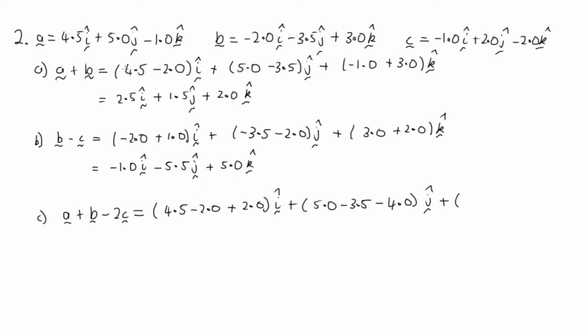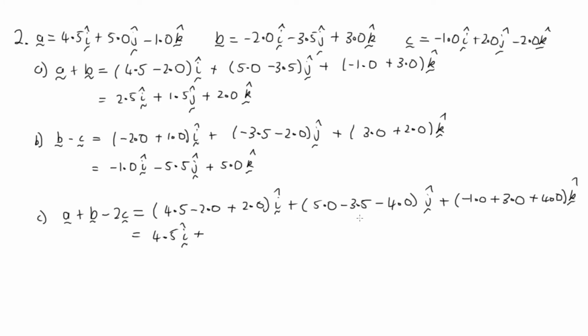And now we're on to the k direction. So that's minus 1.0 plus 3.0, and then minus 2 times minus 2, which is plus 4.0k. And so now we solve what's in the bracket. So we've got 4.5 minus 2 plus 2, which gives us the 4.5 in the i direction. In the j direction, we've got 5 minus 3.5, which is 1.5.